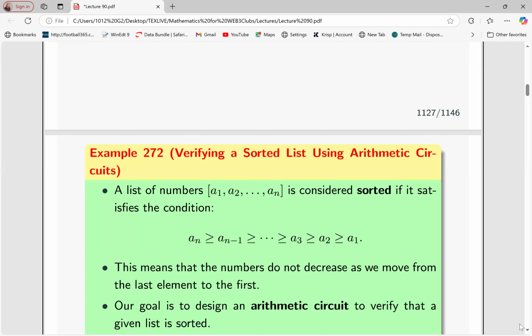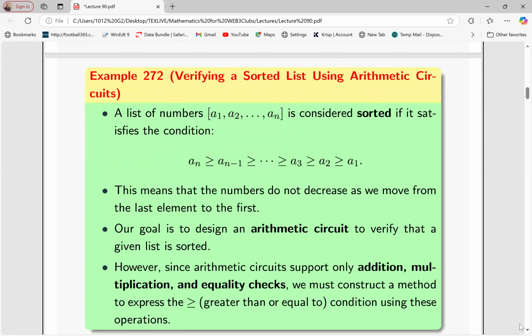So what is therefore our mission? Our mission is to design an arithmetic circuit that verifies that the given list is sorted. An arithmetic circuit is just talking about equations, a system of equations.